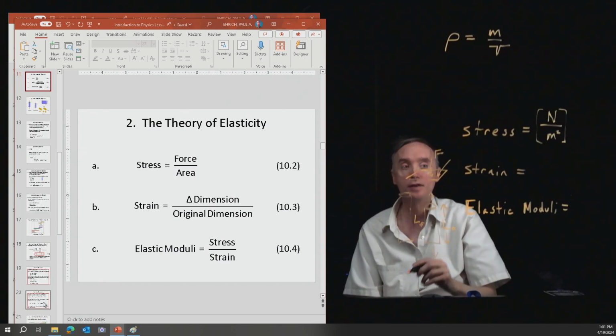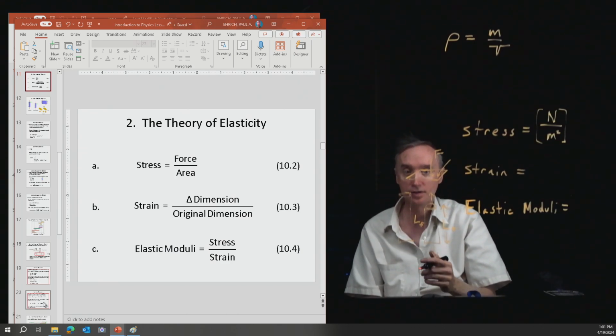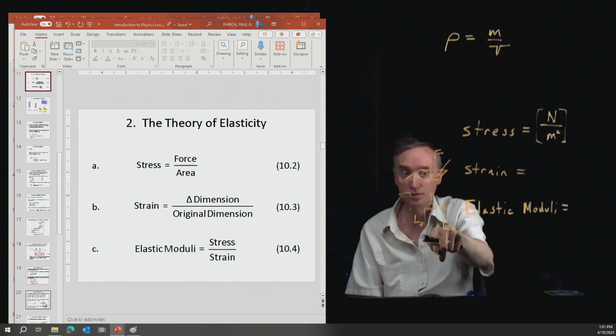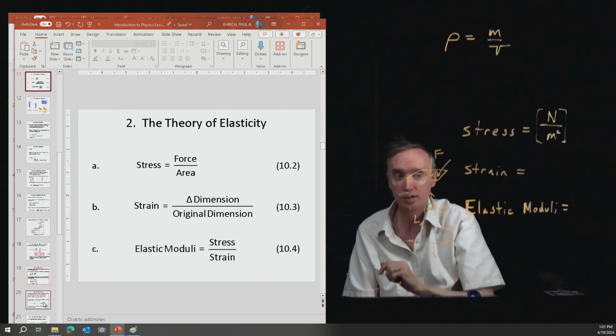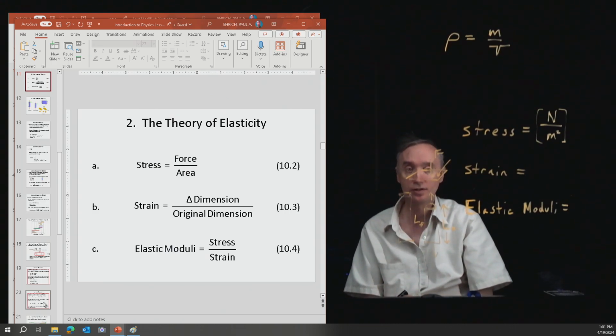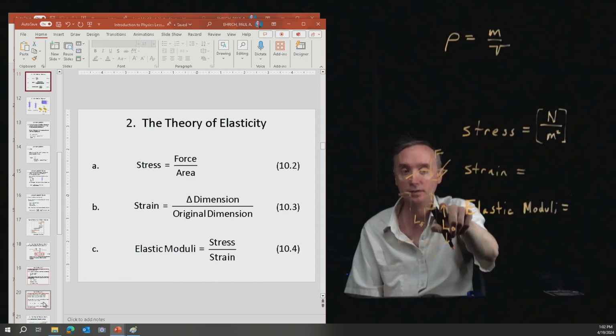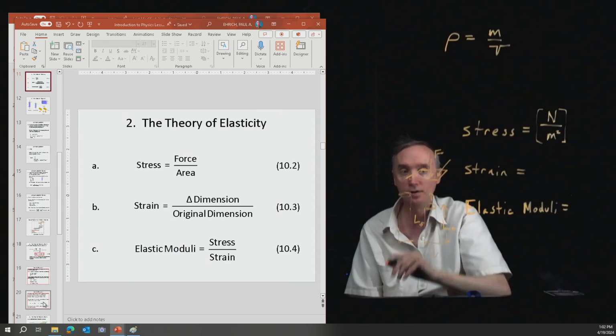And therefore the change in the dimension is going to be L final minus L sub 0. So that's this distance right here. So that would be your change in dimension. And then the original dimension is going to be this thing right here.